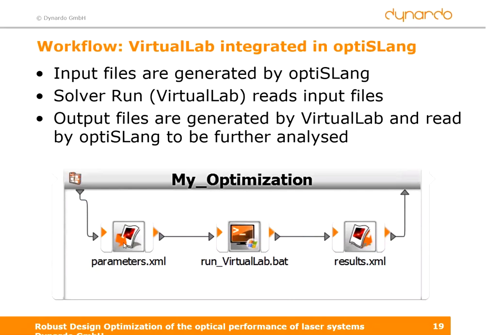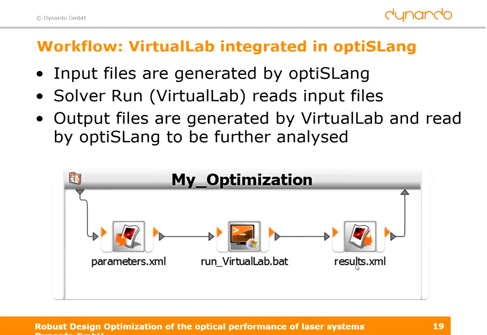So it means it uses this input file of VirtualLab, this parameters XML, and this BAT file then is reading this input file. So VirtualLab is actually calculating the results, and then these results will be read by optiSLang and analyzed.